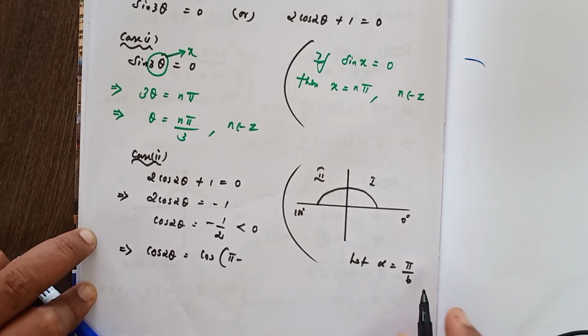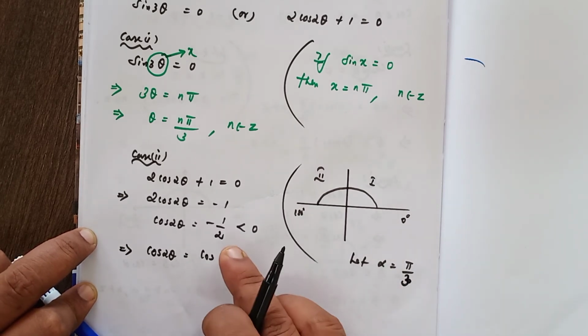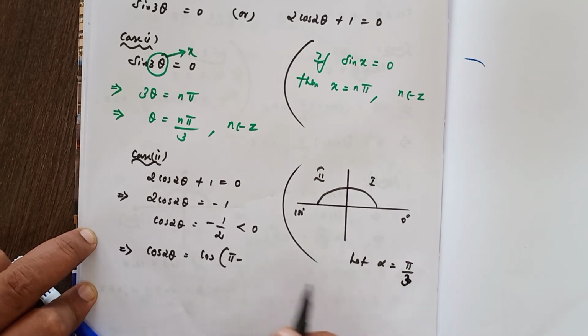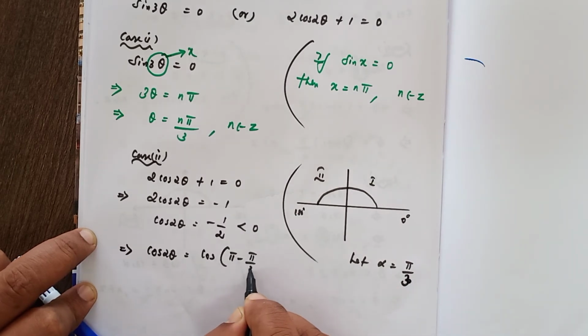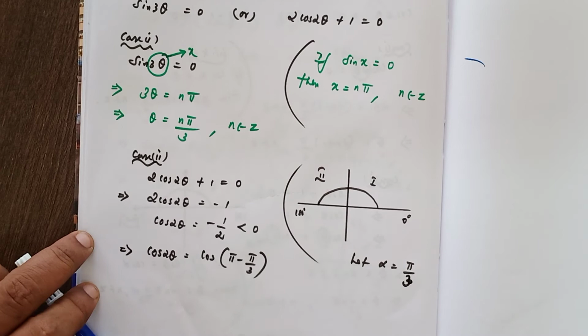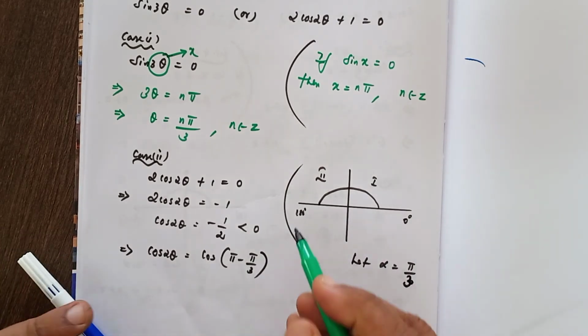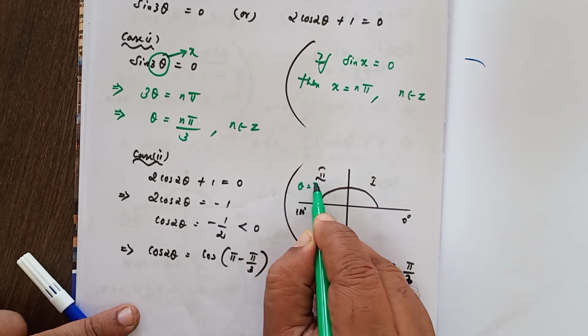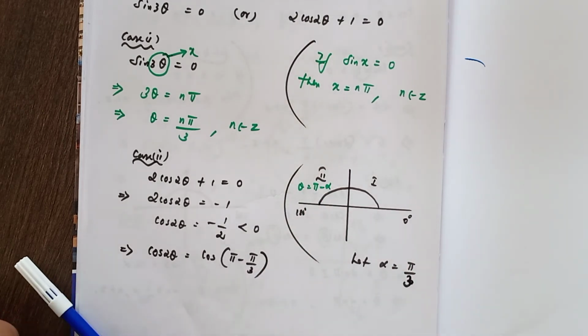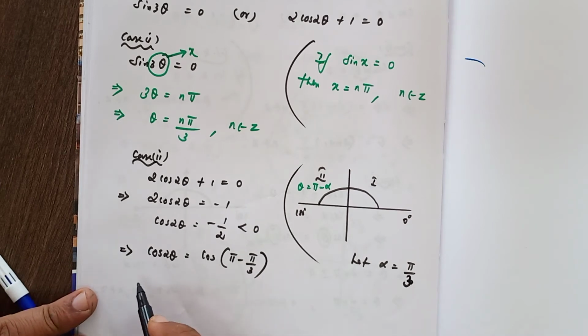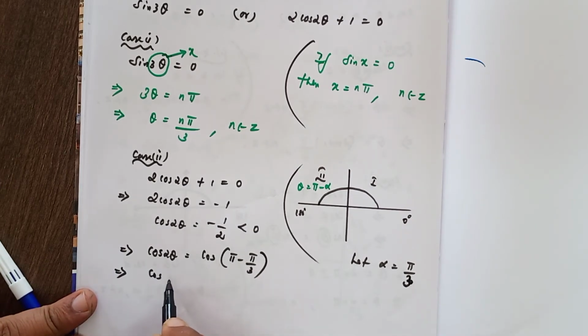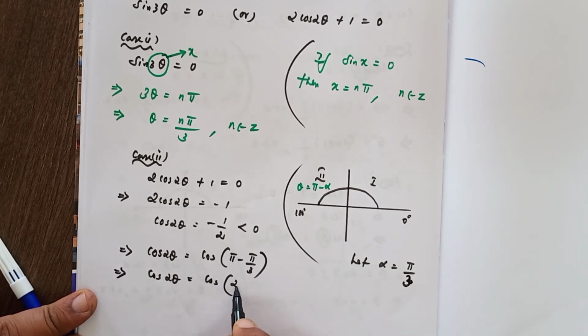That should be considered as pi by 3, that is 60 degree, and that is alpha. So pi minus alpha is pi minus pi by 3. Which implies cos 2 theta equals cos of (pi minus pi by 3), that is 2 pi by 3.